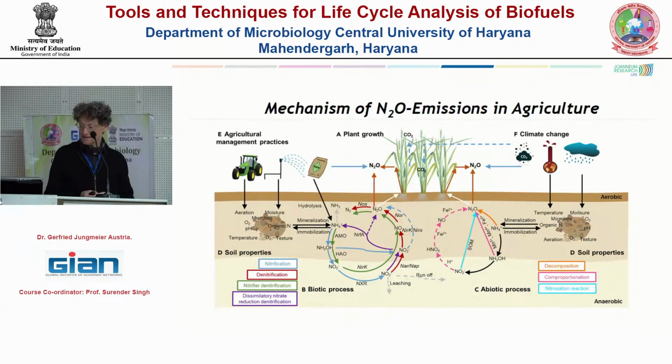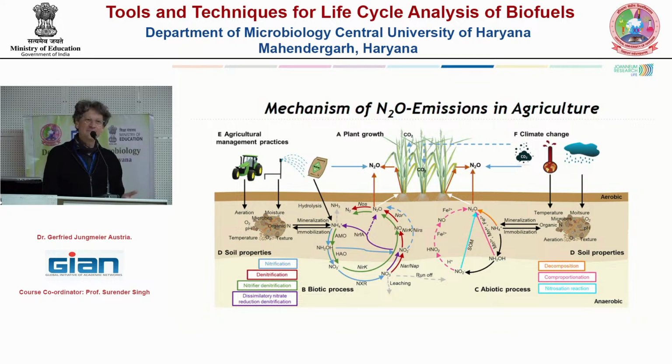The process I've shown you here is very complicated. Yeah? The process of this N2O formation in agricultural soil, that's a big thing. So I even don't understand all the details. For me, it's only relevant to know how much N2O finally is going directly to the atmosphere. Yeah? And what we have in Austria, for example, on a hectare of land in agriculture, you have per year 2 to 5 kilograms N2O emissions per hectare. 2 to 5 kilograms.